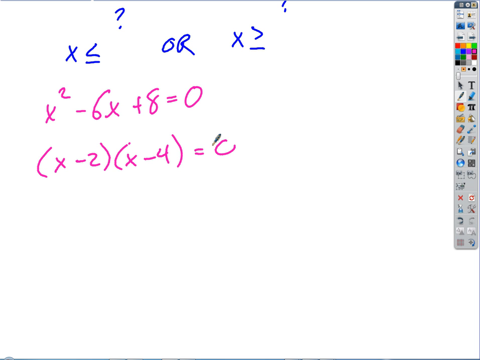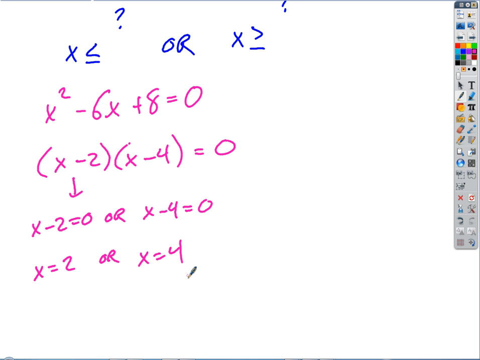I still have to apply the zero product property. When is this factor times this factor equal to 0? Well, when one or the other of those factors is actually 0. It's the only way I can multiply and get 0. So either x minus 2 equals 0 or x minus 4 equals 0, and so my solutions are actually 2 or 4.